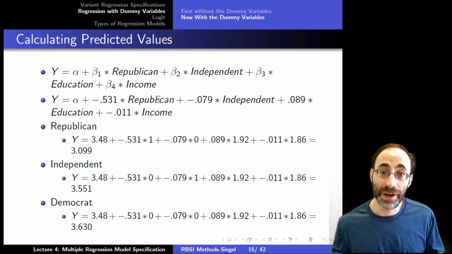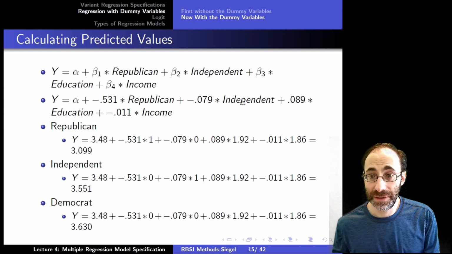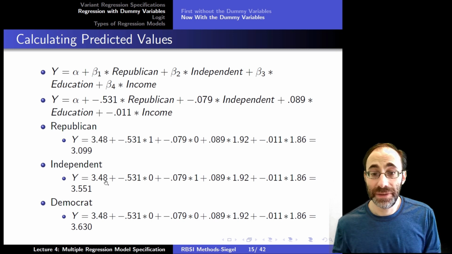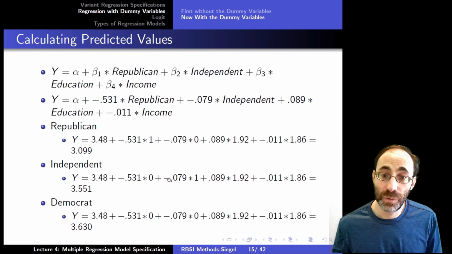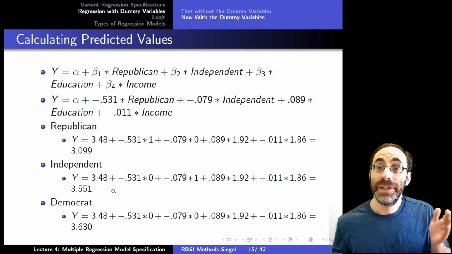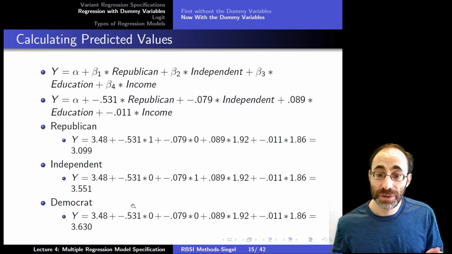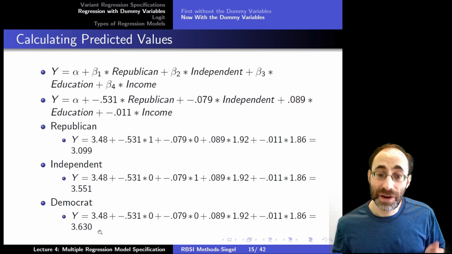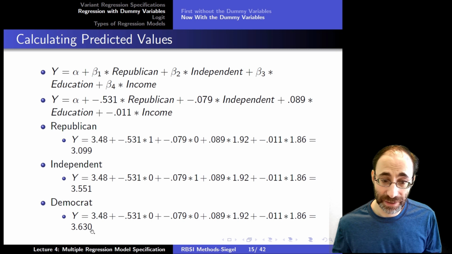A Republican has a 1 in Republican and a 0 in the independent dummy variable. So we see 1 and 0, and we get an estimate of 3.099. The independent has a 0 for Republican and a 1 for independent, and that gives a 3.55. The Democrat is the reference category, so has zeros for both Republican and independent. And that reference category is a 3.63.